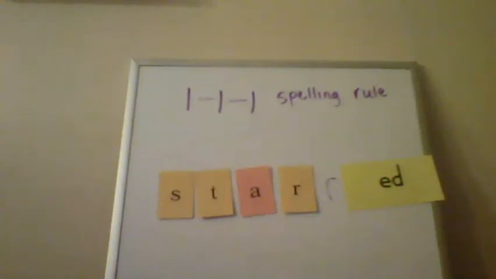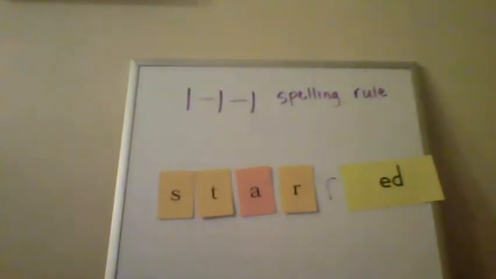We want to go to practice days 6 through 10, and you're going to start on page 77. On 77, I want you to work on the following words. Instruction says, write the word with the suffix on the line, following the spelling rules as needed. Please do page 77.